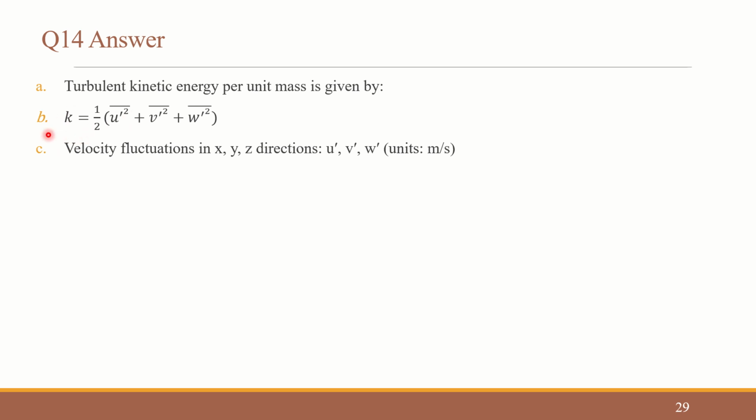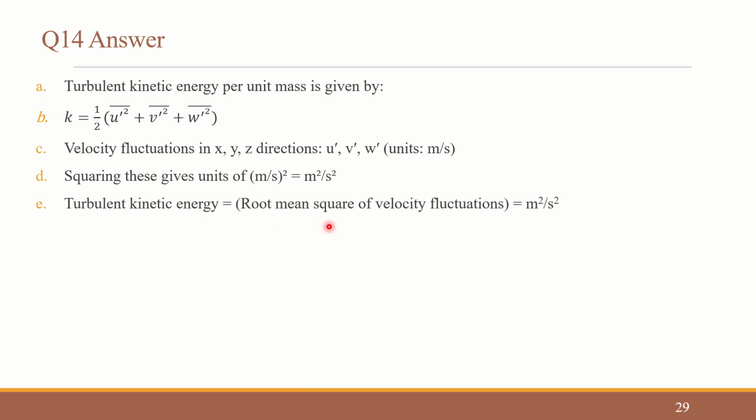But now the turbulent kinetic energy is given by half of U dash square plus V dash square plus W dash square, so it is squared. The square of a velocity value gives us the unit of turbulent kinetic energy per unit mass. Squaring these units, we have meter per second the whole square, and it is meter square per second square. So turbulent kinetic energy is the mean square of velocity fluctuations, given by meter square per second square.